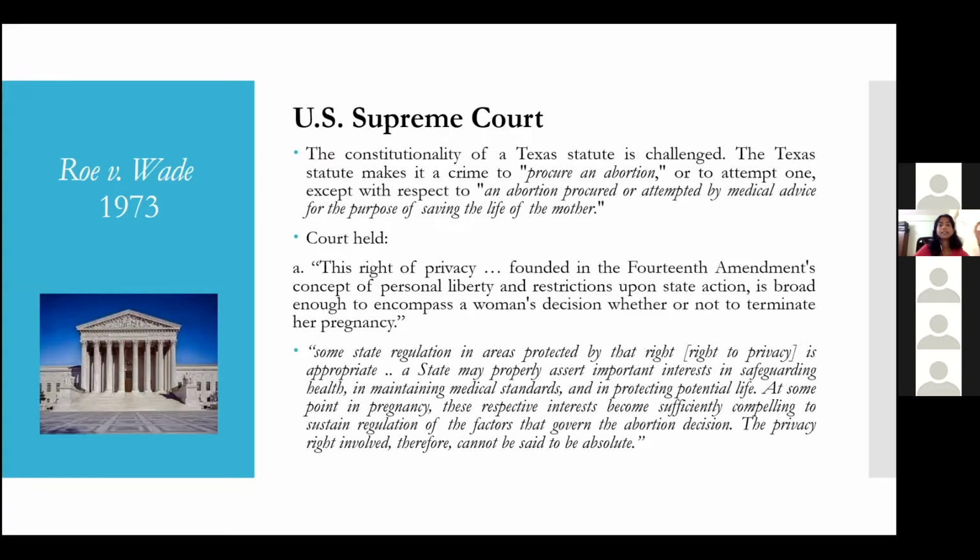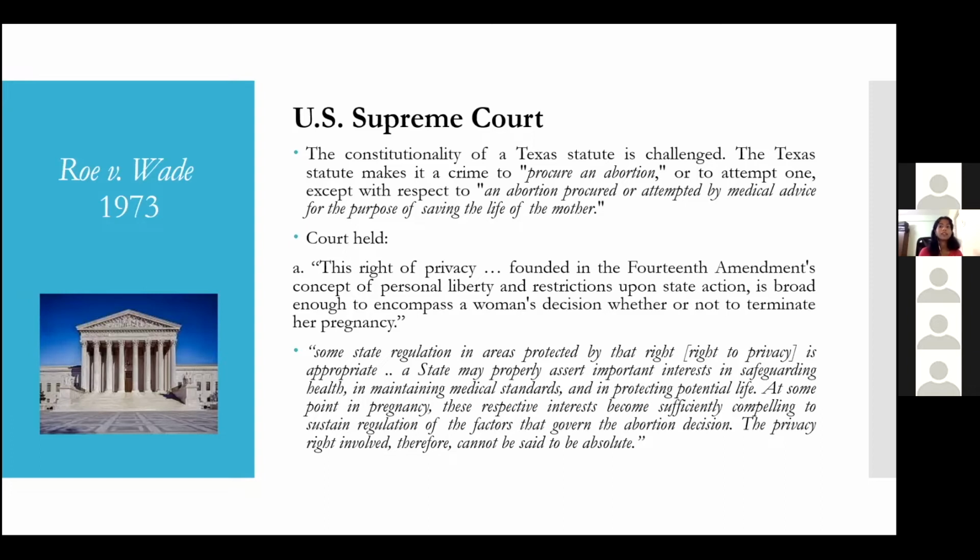He explained that the state had significant interest in protecting the health of its citizens, maintaining medical standards, and protecting potential life. Blackmun said that the right to privacy extends to abortion. However, this right needs to be balanced with state interests. He concluded that anti-abortion laws that criminalize abortion prior to the 1st trimester violated the due process of the 14th Amendment of the US Constitution.